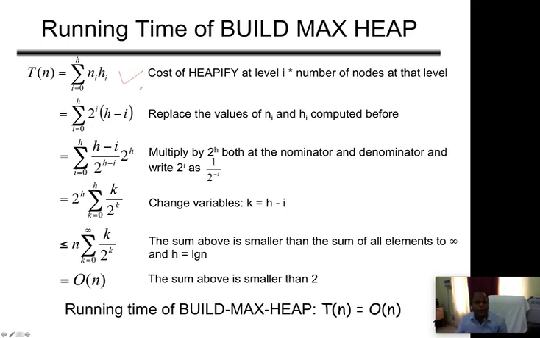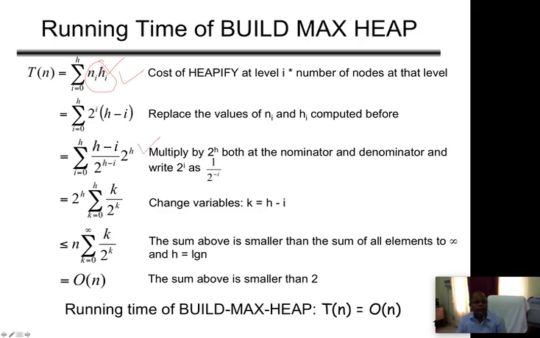Okay, now if you do like this, the cost of this particular is the cost of Heapify. This one is the cost of Heapify, is value i. Then what will happen? Following the formula, summation of i, h_i minus 1 is equal to this formula.